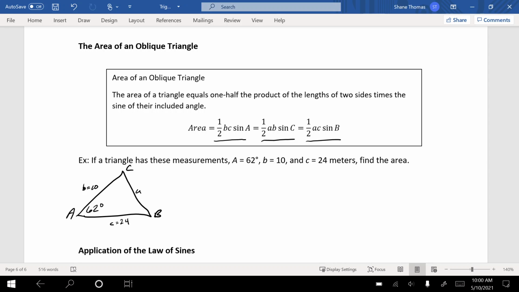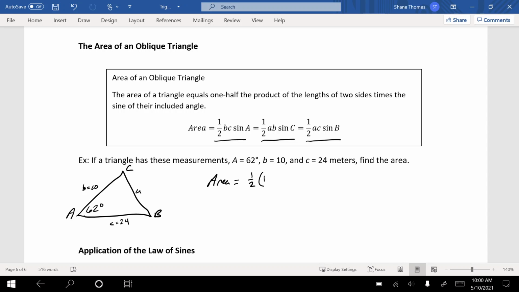So looking at this, I have sides little b and little c and angle A, right? So I'm looking at the first setup of the area formula, one-half bc sine A. All right, so the area of this guy is going to be one-half.